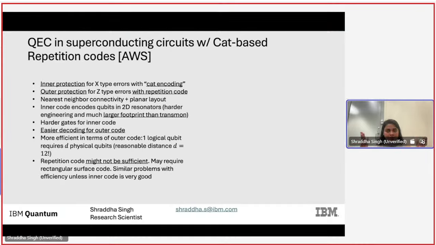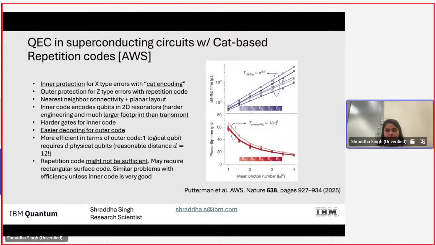That means you don't need protection for X and Z on the outer layer at an equal level. You need more protection for Z and less protection for X. That corresponds to something between a repetition code and a surface code.